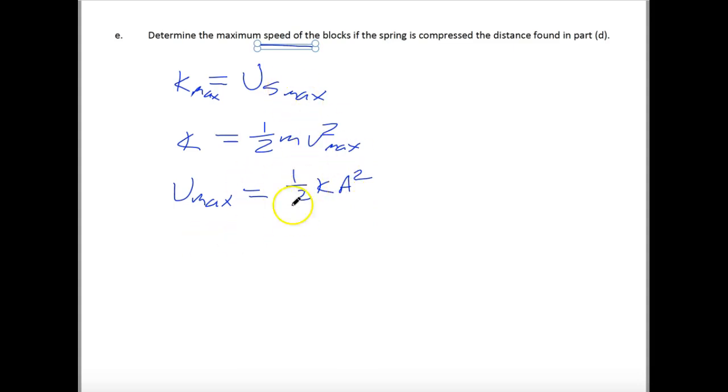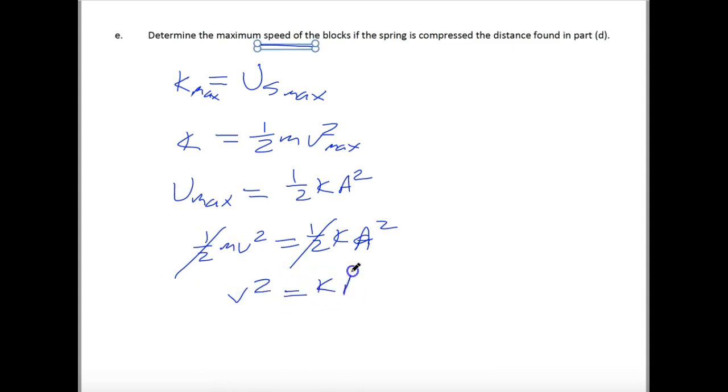So let's set the two equations equal to each other, and we'll get 1/2 mv squared is equal to 1/2 K A squared. And remember, A stands for that compression. We can get rid of the halves, and so we are left with V squared is equal to K A squared all over M. Let's go ahead and solve this now.